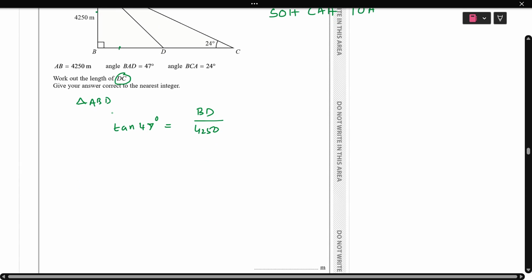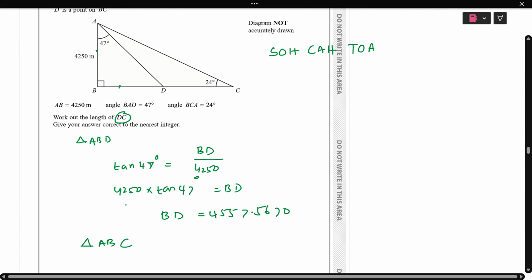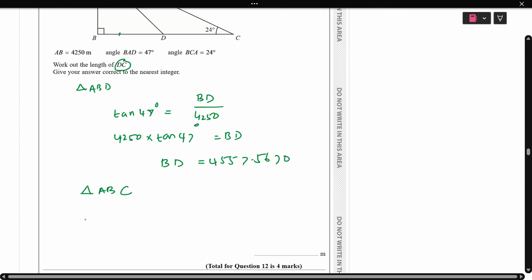So 4250 times tan 47 degree equal to BD. So BD will be like 4557.5670. Next, I'll go for the bigger triangle, triangle ABC. Here again, I'm going to find BC, the entire base. So opposite and adjacent, again I'm going to use tan 24.